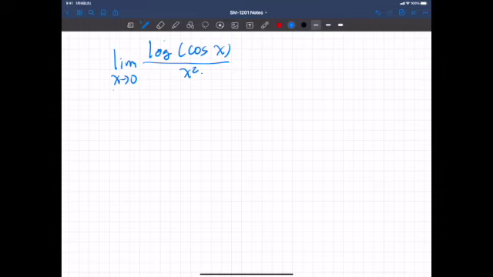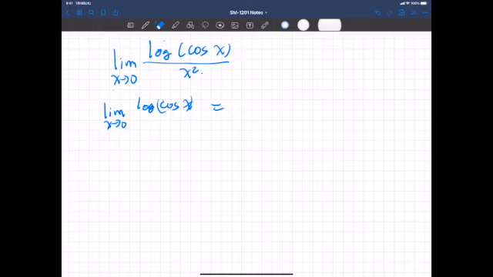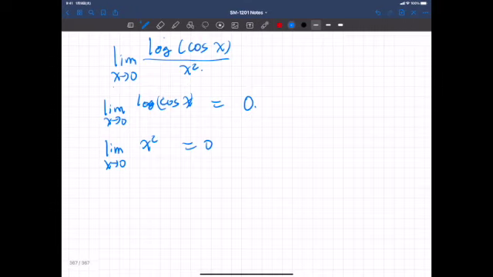So anyway, let's consider the limit of the numerator. Cosine 0 is 1 and log 1 is 0, so it should be 0. And the limit as x approaches 0 of x squared is of course 0. So the first condition is okay.